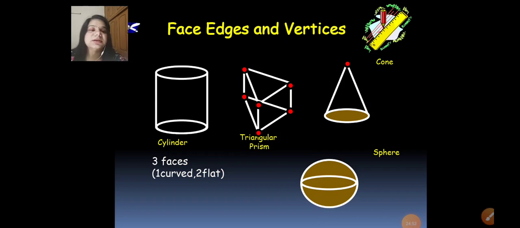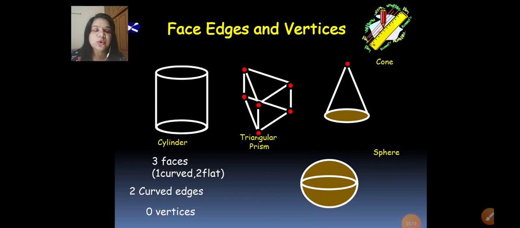The cylinder is having one curved face, which is the side face, okay, and two flat faces, two circles at the top and at the bottom. Then two curved edges are there with the circles, and it has 0 vertices. No corner is there. You can check, there is no corner on a cold drink can, okay. So it has 0 vertex.